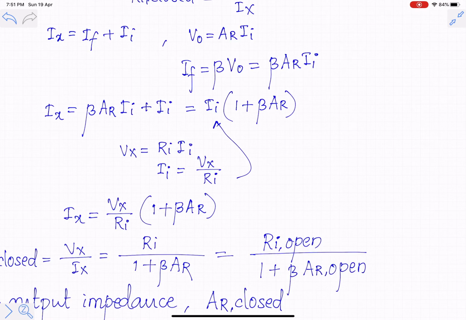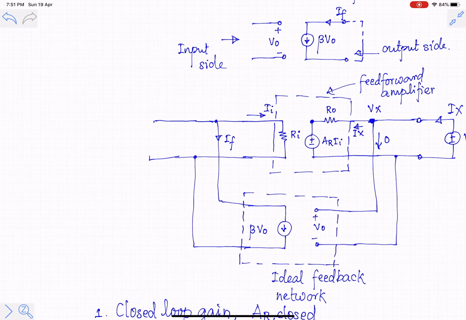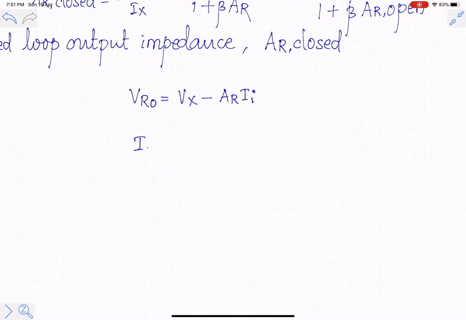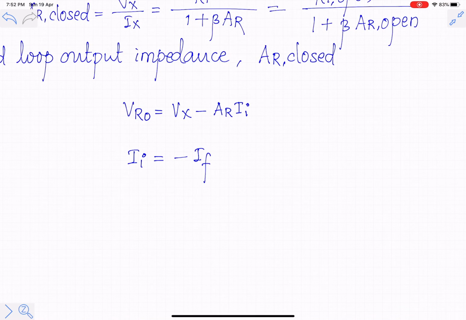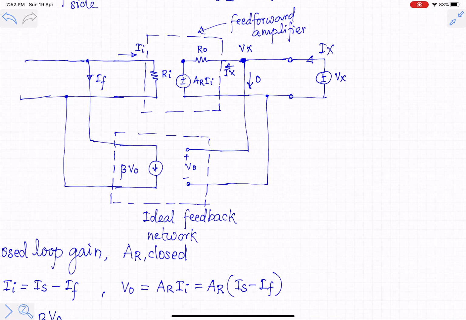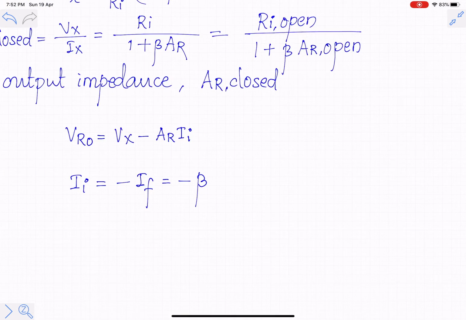Now you can see that because there is an open circuit on this end, II is equal to minus IF. So I will write II is equal to minus IF, and IF is equal to beta into Vx. VO in this case is Vx, beta into Vx.